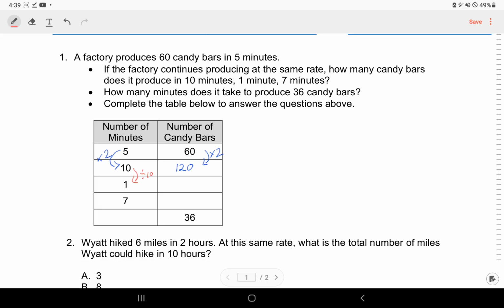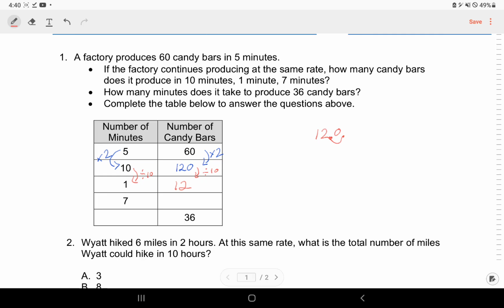The reason I'm doing that is because when we divide by 10, we just move the decimal over one spot or drop the 0. So 120 divided by 10 is 12. The decimal's here, we just move it over, and so now the decimal goes there, and it's 12.